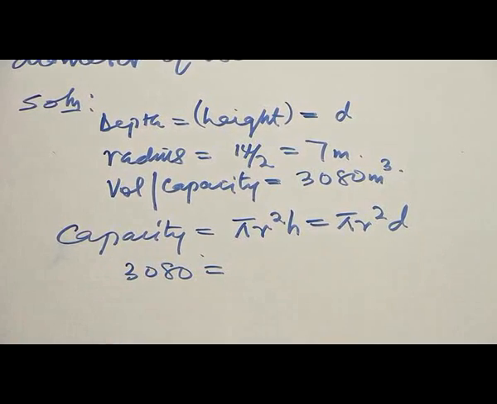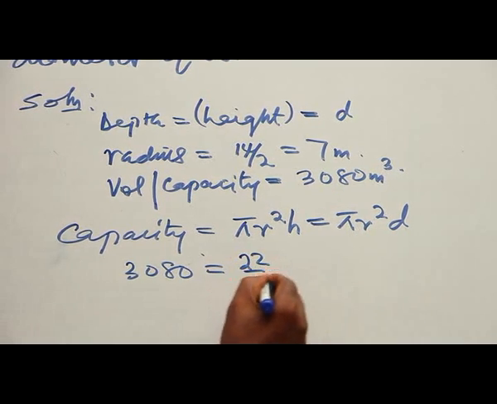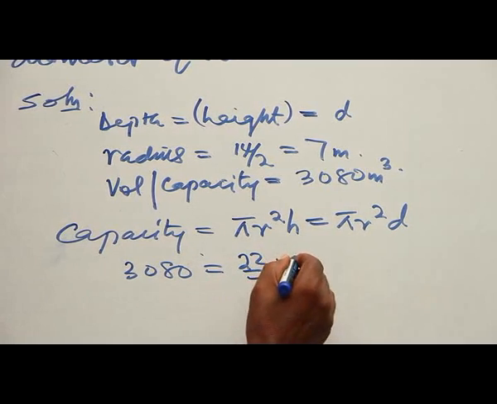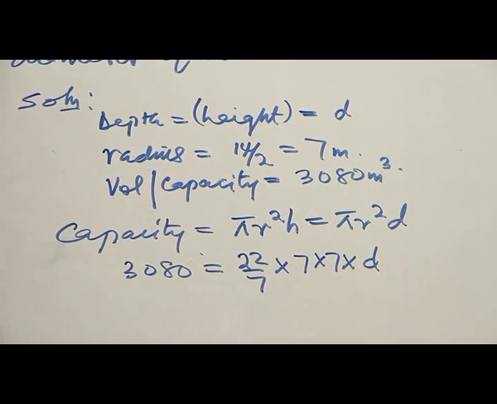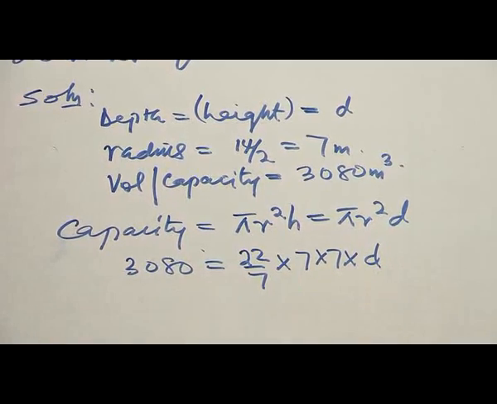3080. And then what is our power? In this case, we are going to use 22/7, and our radius is given to us as 7 times 7, and then d is unknown. So we will now make d the subject of this equation.